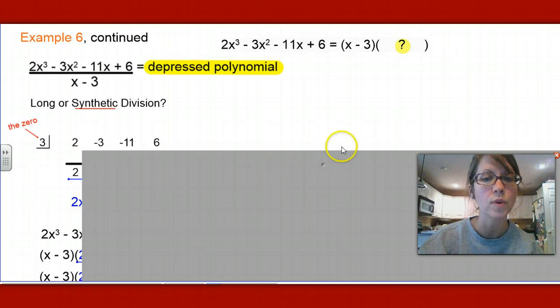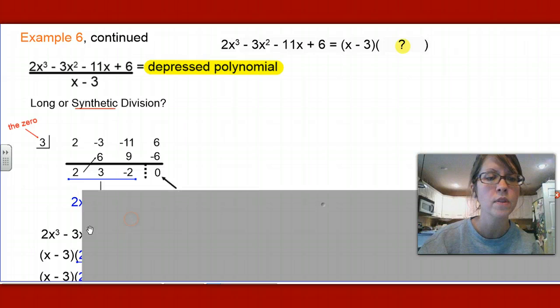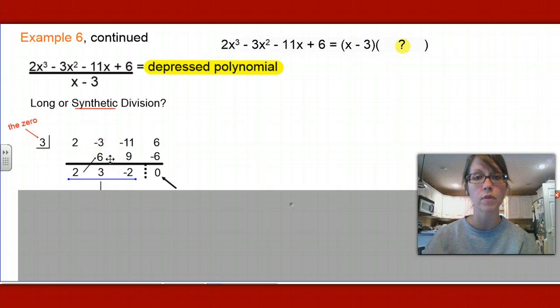And then we go through this process of we multiply the 3, the 0, by the 2 down here, and we record the 6 we get underneath the next line. Okay, we then combine these two just as they're telling us to do. We take a -3, we put with it a +6, and we get a +3.